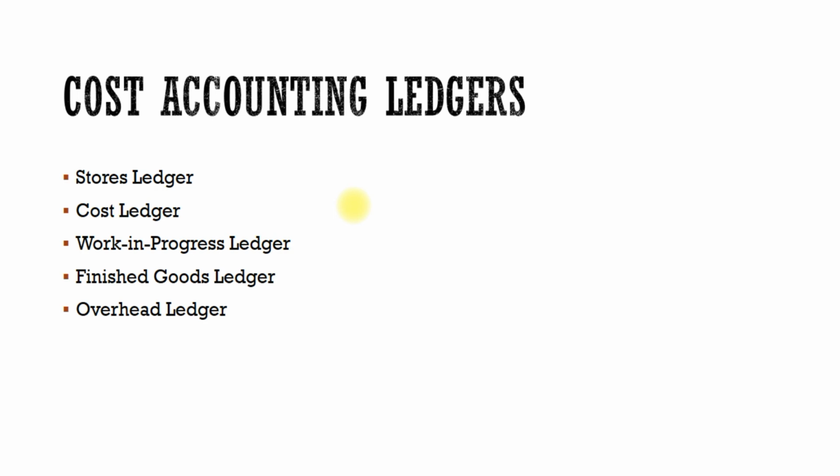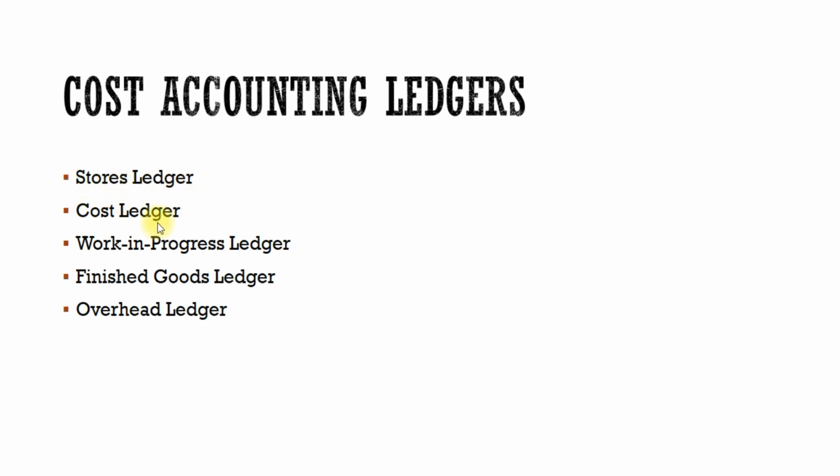The stores ledger takes care of all accounts which come under stores. This ledger comprises individual items of components, raw materials, and consumable stores. Issues are recorded on the basis of stores requisition slips, and receipts are posted into the stores ledger on the basis of stores received notes.